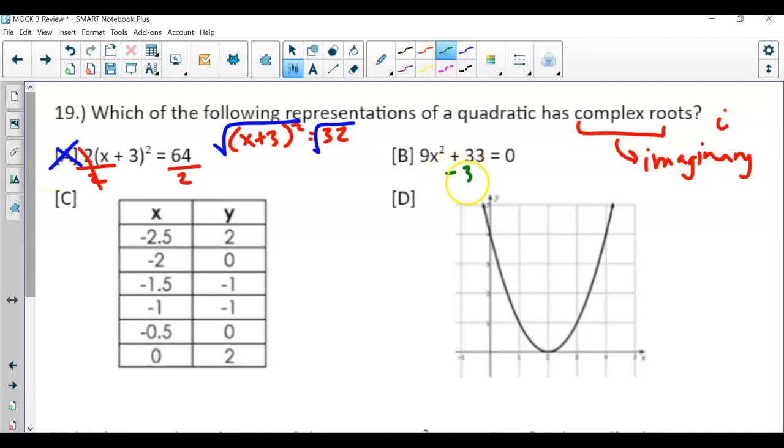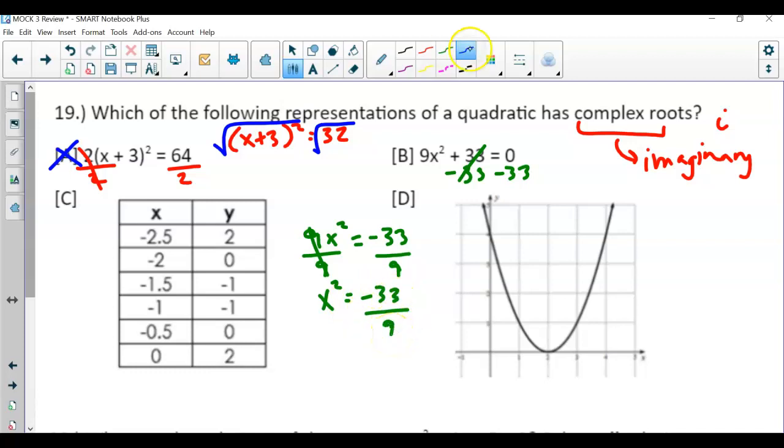Here, I'm going to subtract 33 from both sides because it's a two-step, missing an x term. Now I've got 9x squared is equal to negative 33. Then divide both sides by 9. Now I cannot divide that evenly, so I'm going to keep it as this negative fraction. Then take the square root. Now notice even though it's a fraction, I'm taking the square root of a negative value. And what did that mean?